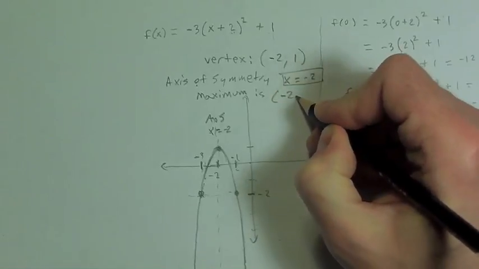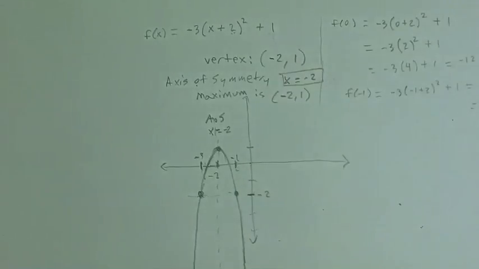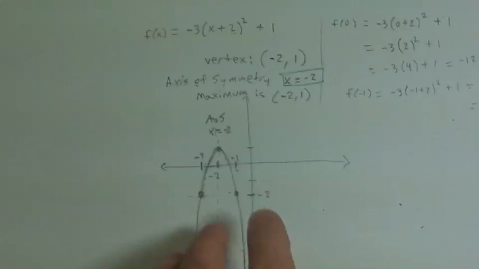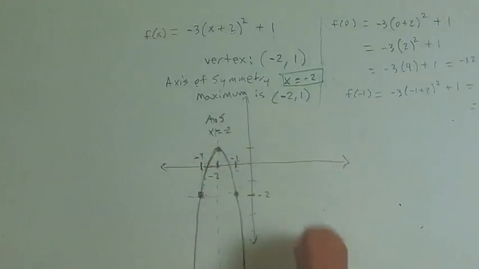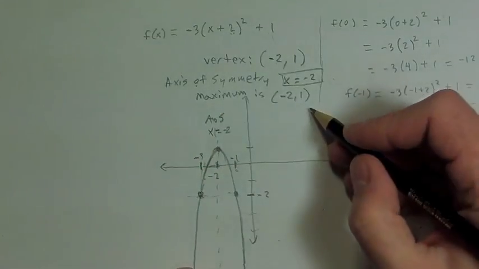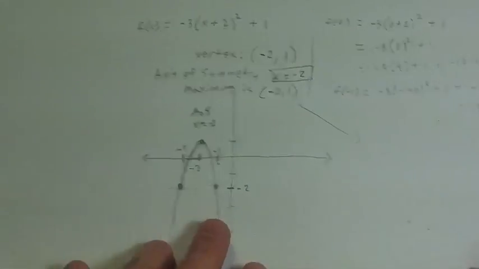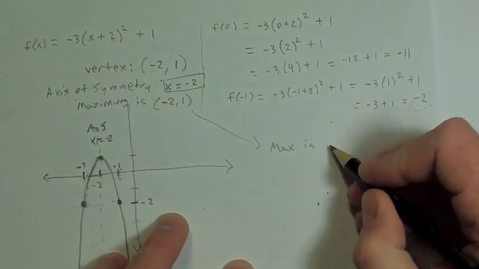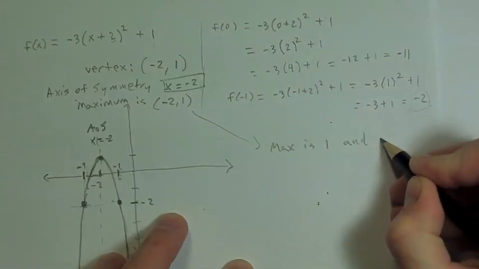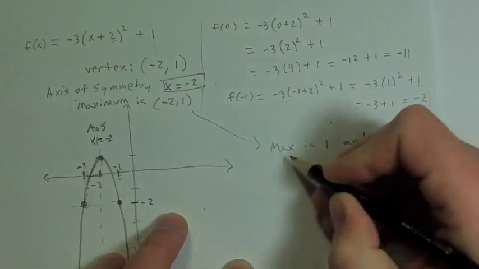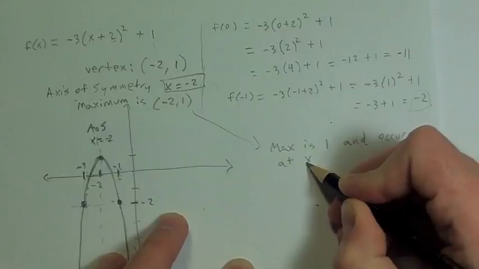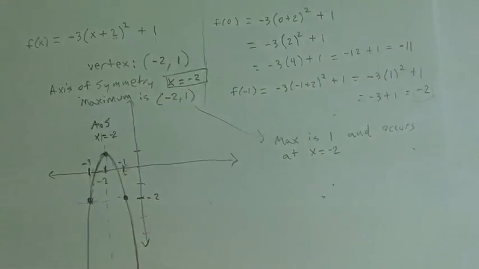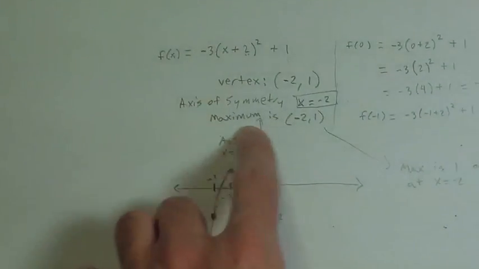We could say it's the point, or another way it's sometimes said is the maximum is 1 and occurs at -2. So I'll write that another way to say that: the maximum is 1 and occurs at x equals -2.